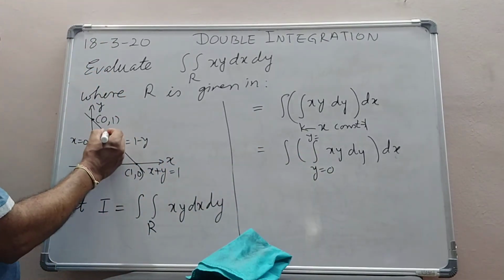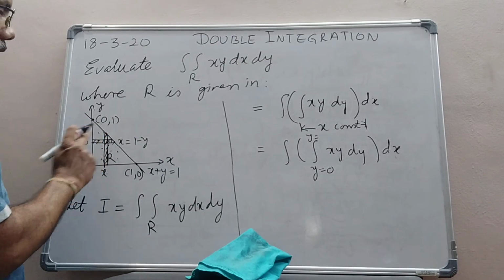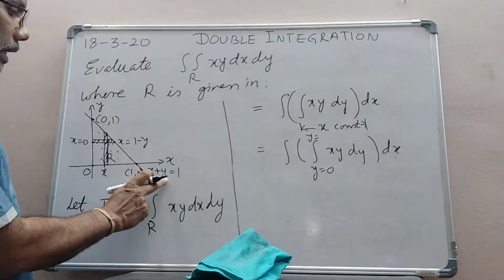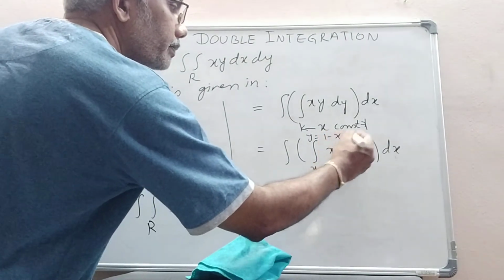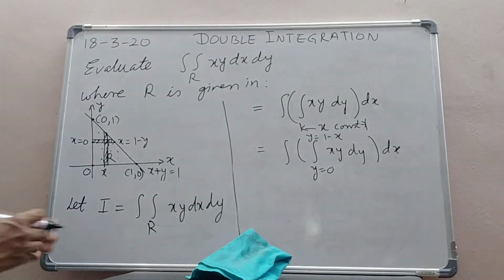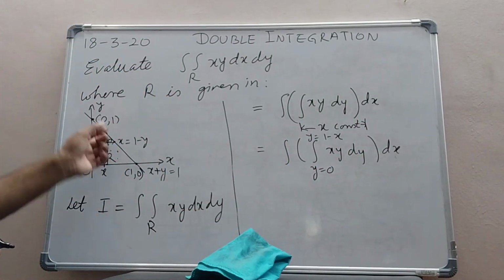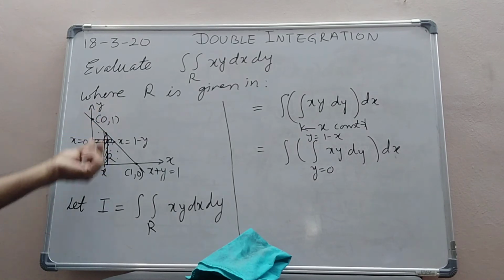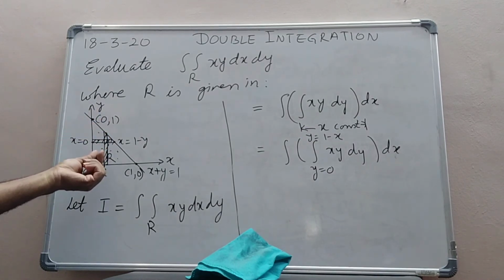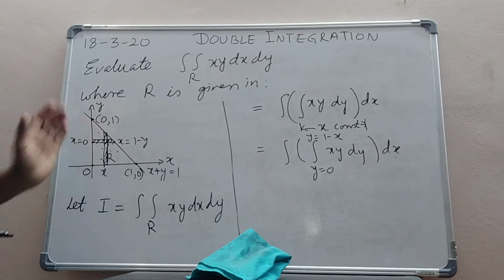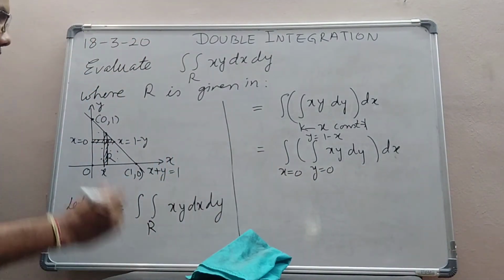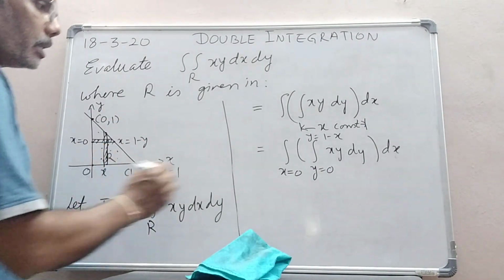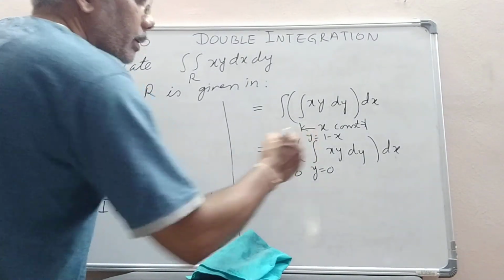And as you go up, you hit the line, so you can find the value of y from this equation: y equal to 1 minus x. Now you can consider filling this entire region by vertical strips. The leftmost position of the vertical strip would be at x equal to 0, and the rightmost position will correspond to this particular point, x equal to 1.